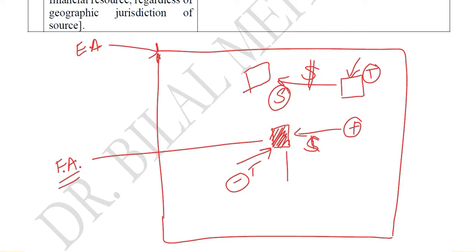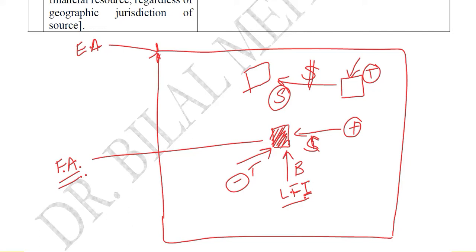For example, we have done the borrowing from a local financial institution. So this is an increase in the resources of the project. So we include it in our financial analysis.